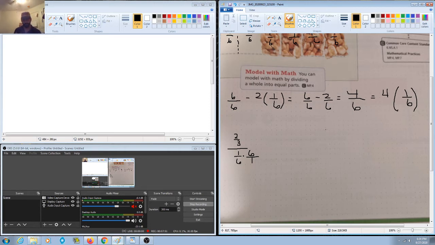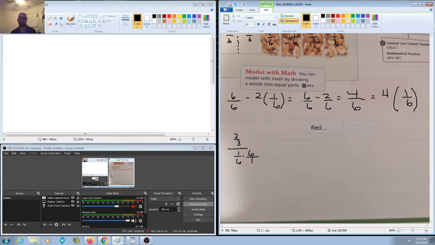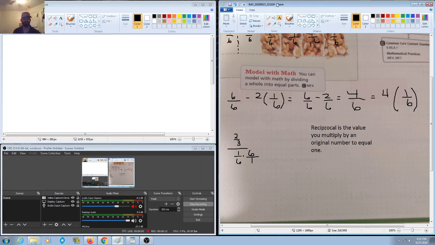The reciprocal of a number, let me put some terminology here too, is the value you multiply by an original number to result in 1. So what you would do is multiply the first number by the inverse, or the flip-flop, for lack of a better phrase, of the fraction.